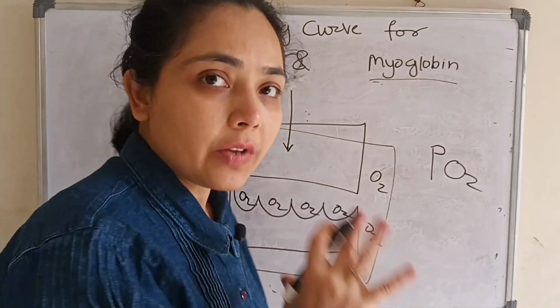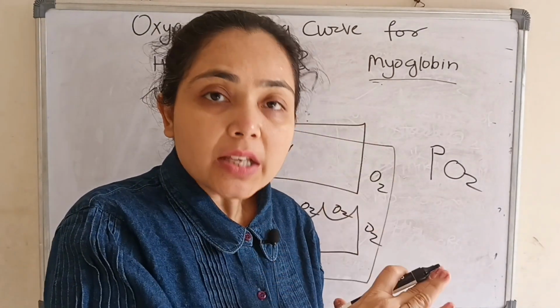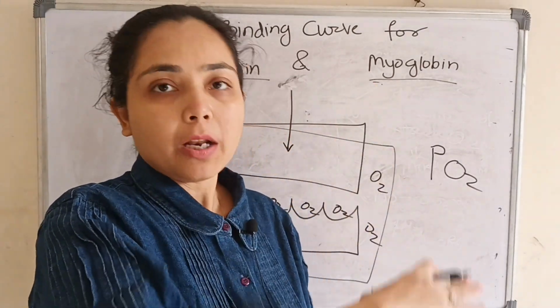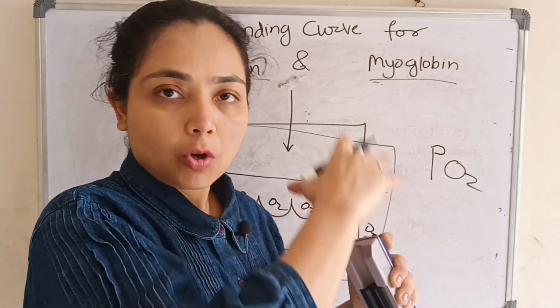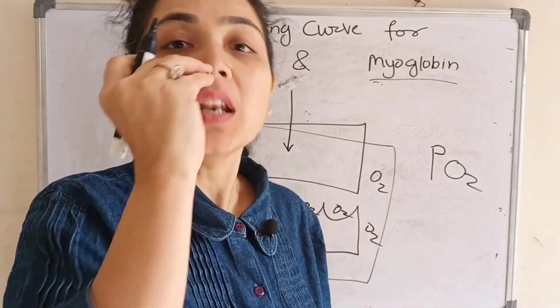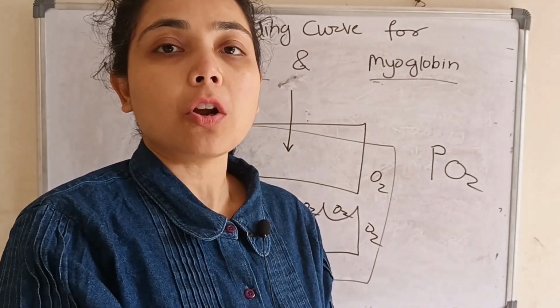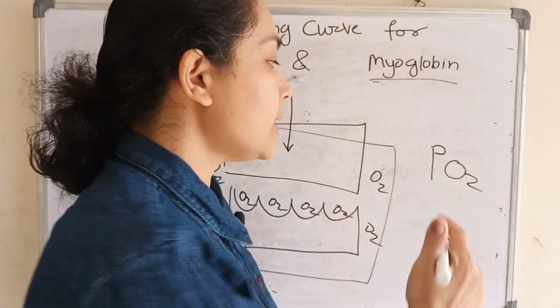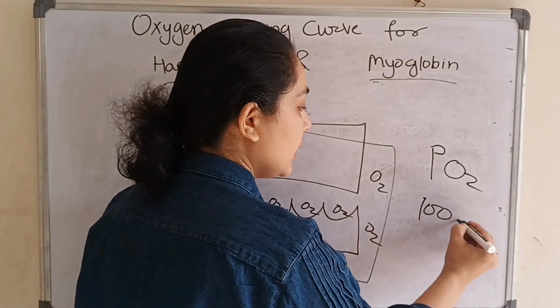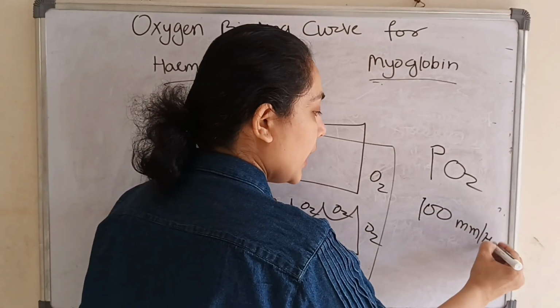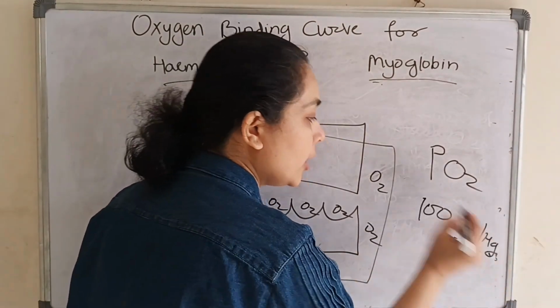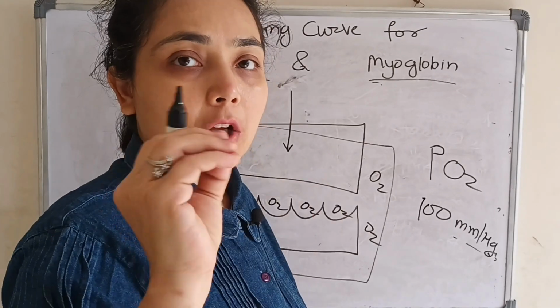So oxygen will bind to hemoglobin. This binding takes place in the lungs. In the lungs, the partial pressure of oxygen is more, which is 100 mm of Hg. This is the unit of the partial pressure, millimeter of mercury.